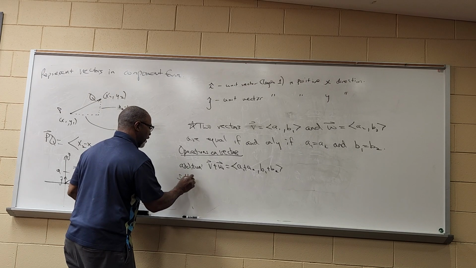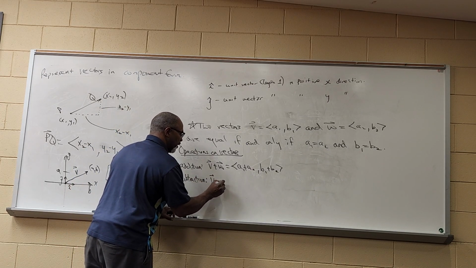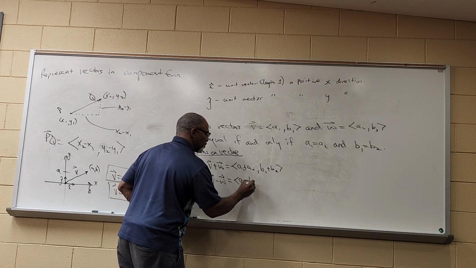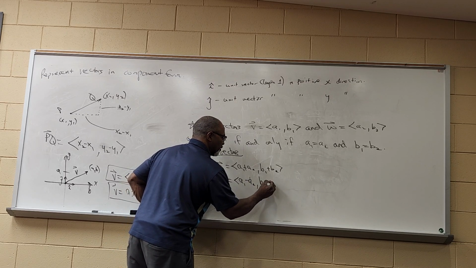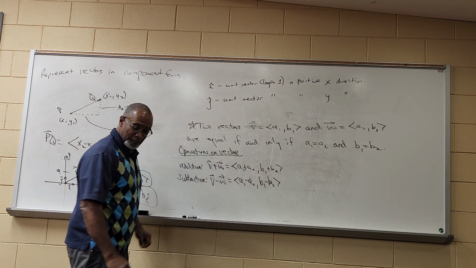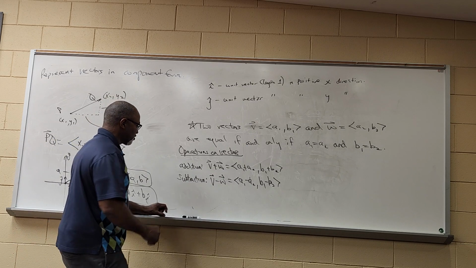If I wanted to do subtraction, it's just as straightforward. V minus W. This time I'm going to subtract corresponding coordinates: A1 minus A2, B1 minus B2. Just exactly what you would think. Multiplication by a scalar.